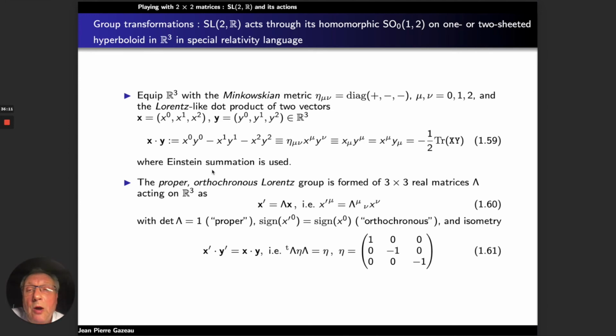And we lower the index mu of x mu by using precisely this expression, the summation with eta mu nu.